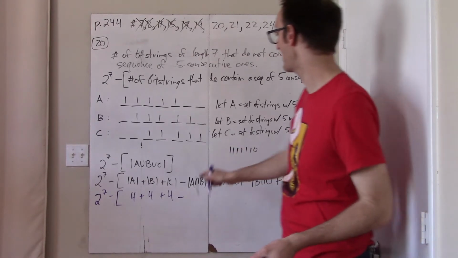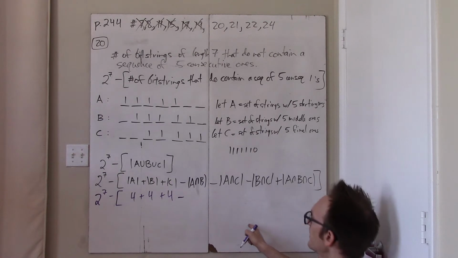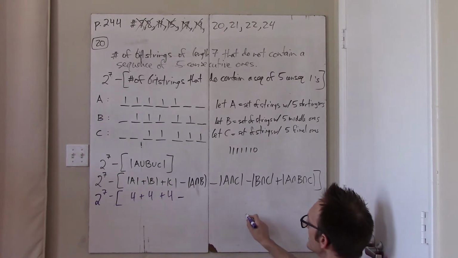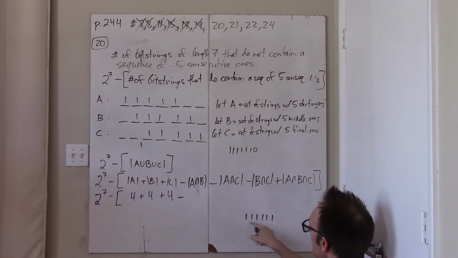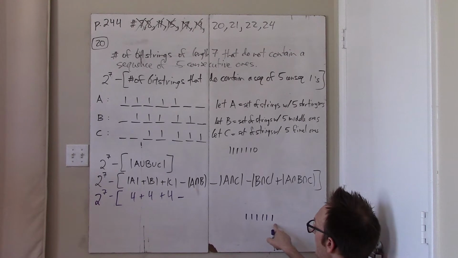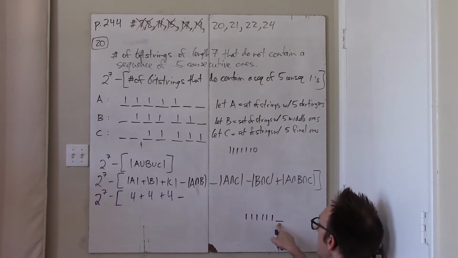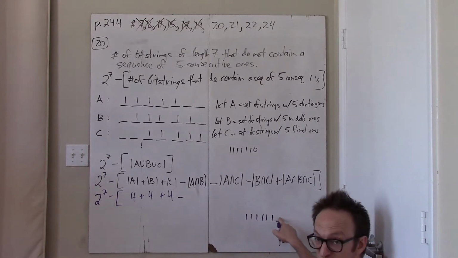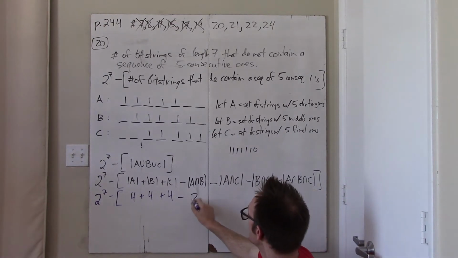Doing some scratch work over here, you begin with 5 ones, and the ones in the middle are all ones, and so the only thing left is what's over here. In fact, there are 2 strings that are in both A and B: the string which ends in a 0 and the string that ends in a 1, because only the final character is free. So that's minus 2.